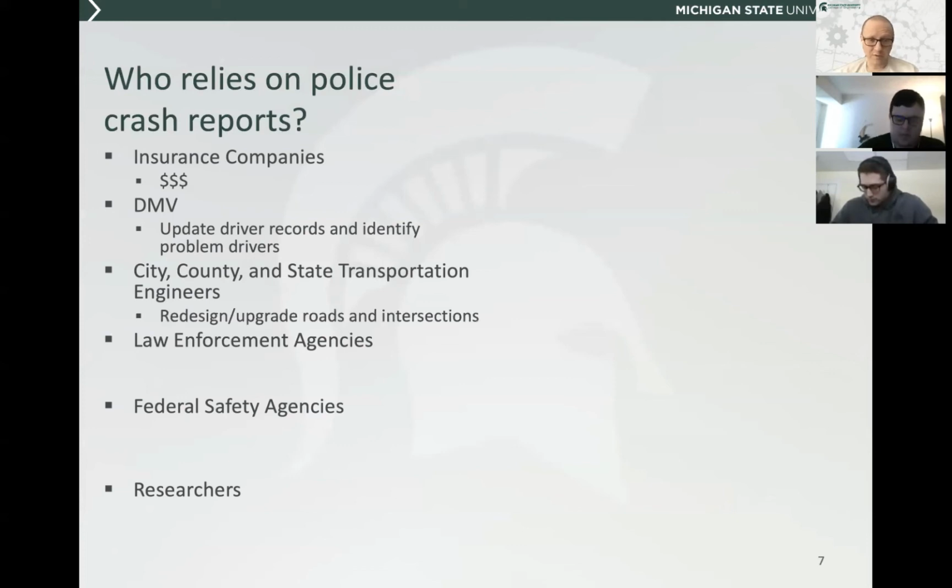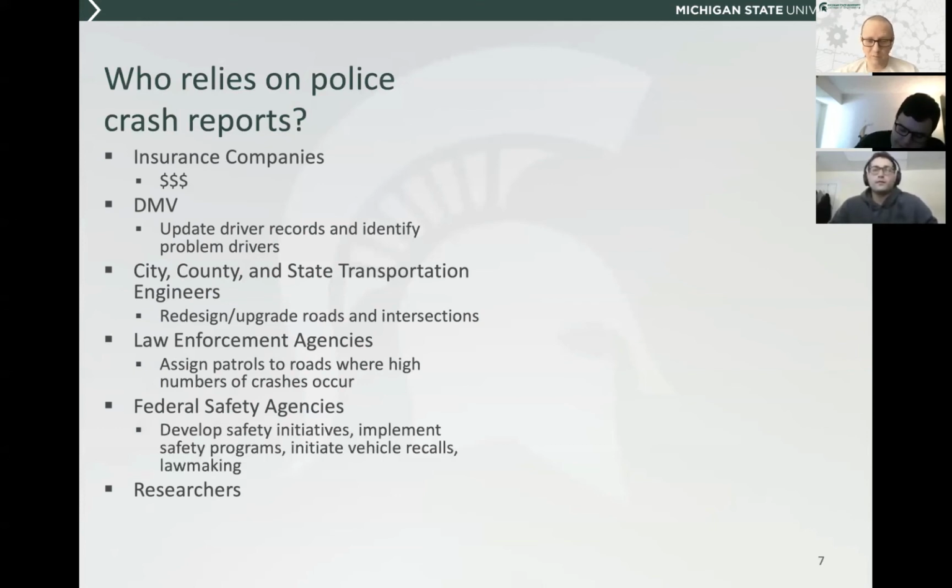Obviously, engineers are going to use this for the purposes of highway safety improvement programs, law enforcement. To a degree, they can use this to determine where it may make sense to conduct targeted enforcement. And then at the federal level, both the FHWA and NHTSA would be interested in this information for various purposes.